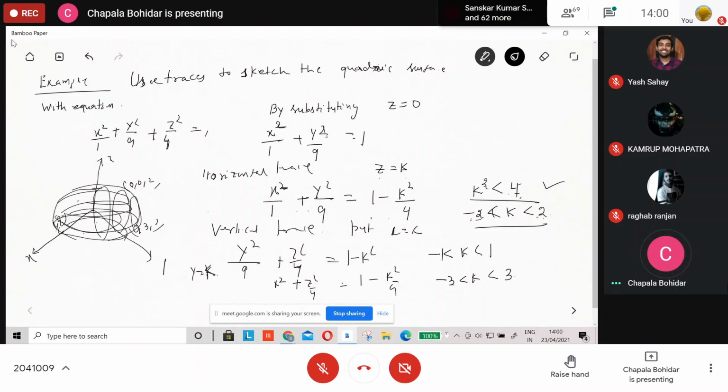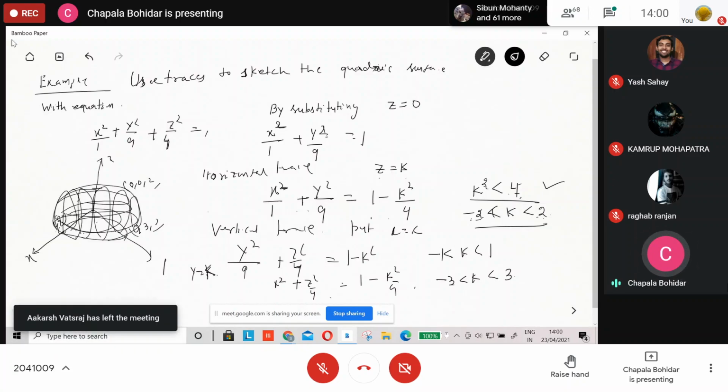Here also I am getting an ellipse. I am considering the xz plane here, so it is also a vertical trace. I am getting an ellipse. In total, what am I getting?